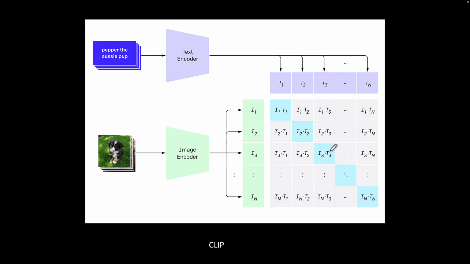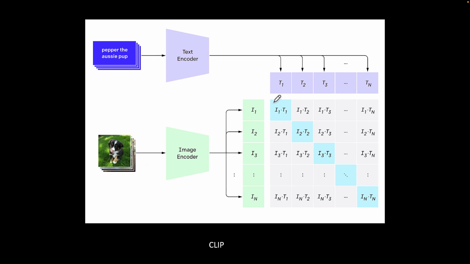So internally, the way it works is that when we train the CLIP model, we supply the model two inputs. We supply a set of images and a set of associated prompts. For example, here the top-level image is an image of a puppy, and we are giving a text, Peppa the Aussie pup. Okay, so we generate this set of pairs of image and text, pass them through the image encoder and text encoder, and compute the dot product of each of these pairs.